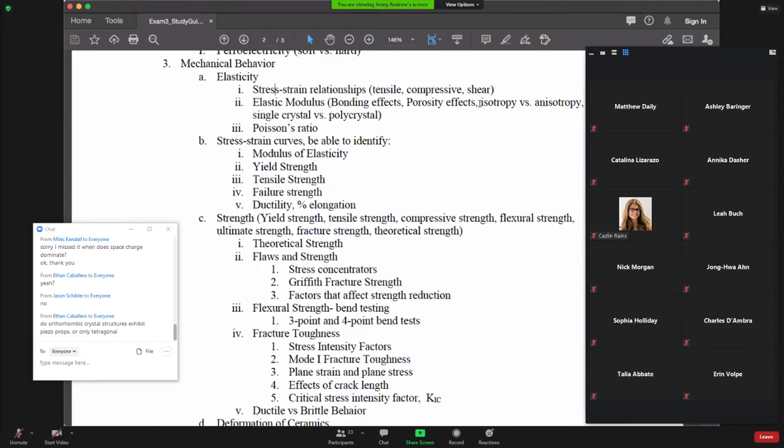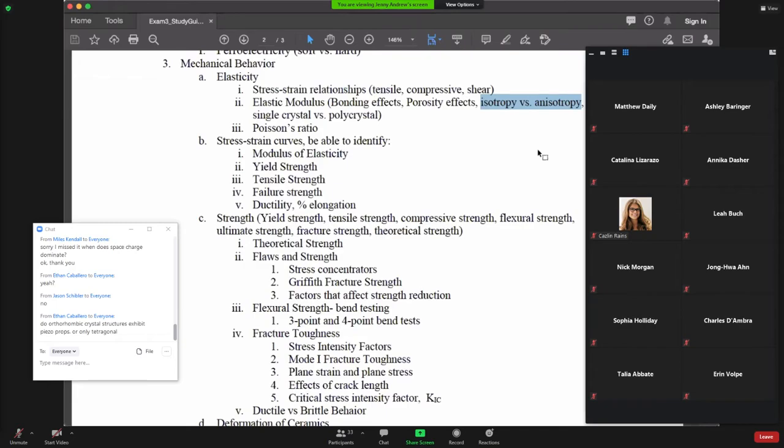And one of the things we have talked a fair bit about this semester is whether or not a property would be isotropic or anisotropic. So if I gave you a material and I showed you a grain structure, do you think you would be able to tell me if its mechanical properties were isotropic or anisotropic?